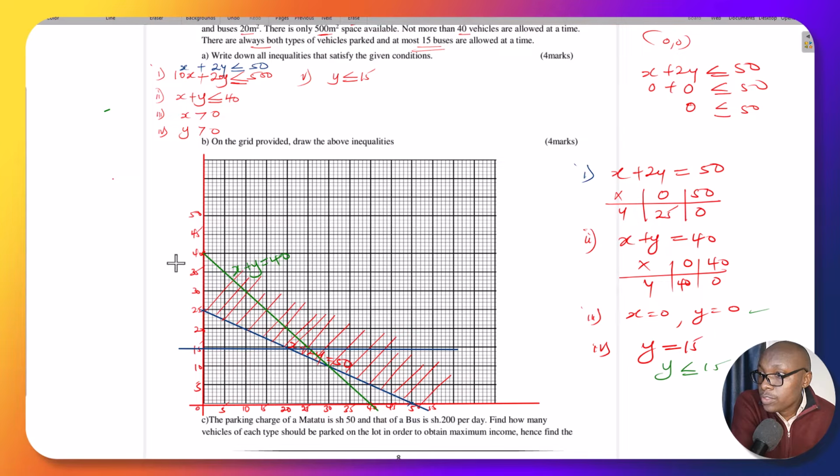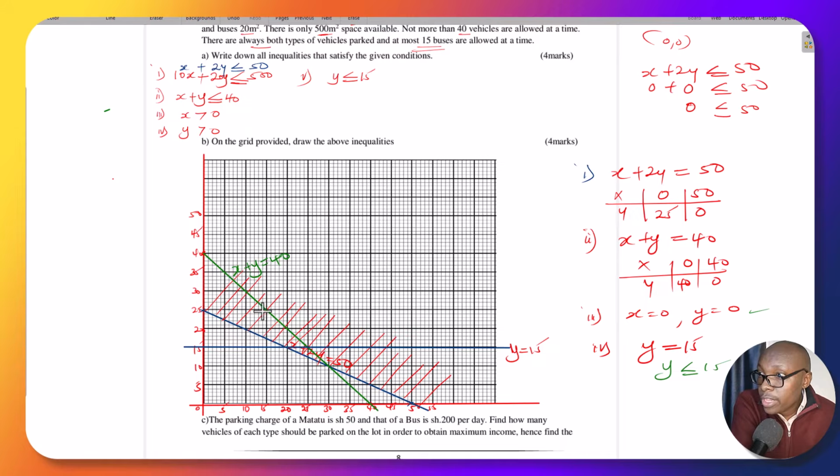This line passes here. So this is the line y equals 15.